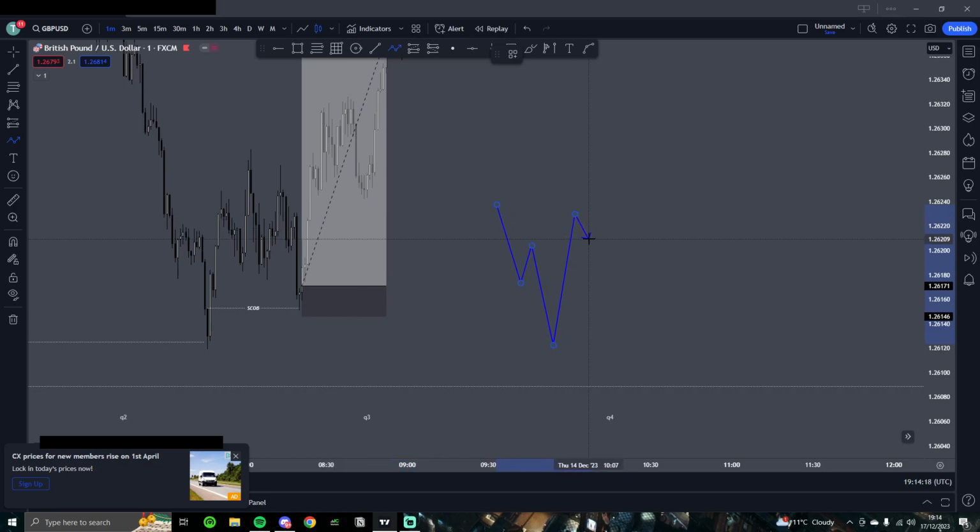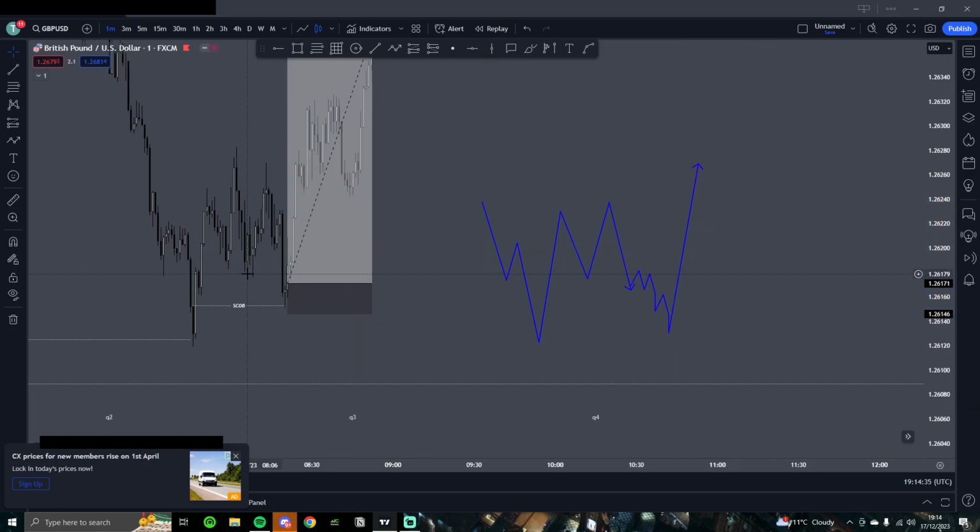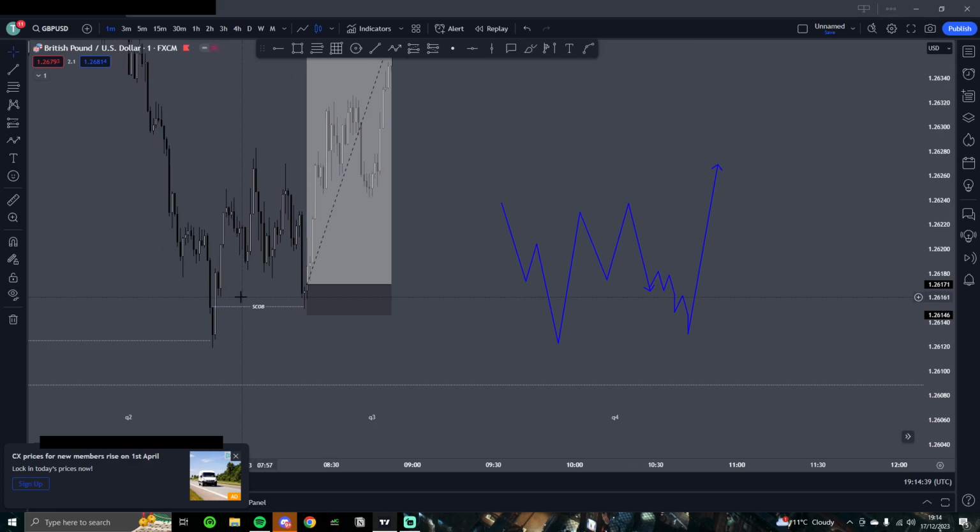Once we see this break, if it just instantly comes back down, we know that's not valid at all. However, if it builds up liquidity like so, and it's stalling to get down, and it's continuing to have minor internal pullbacks, then you know it's going to continue up, because obviously liquidity drives the market. So if it's not building up liquidity and you don't have a valid order block, then it just won't be valid in general.